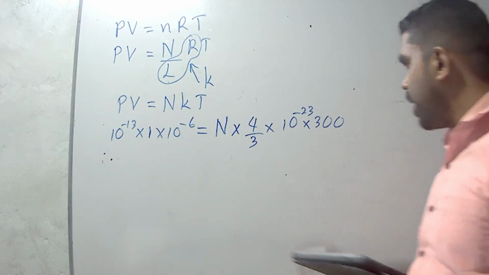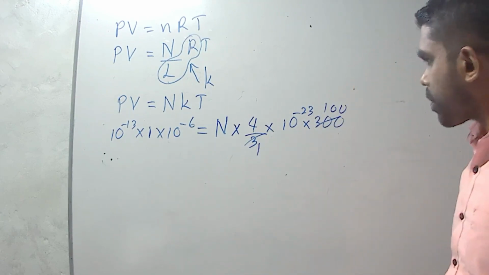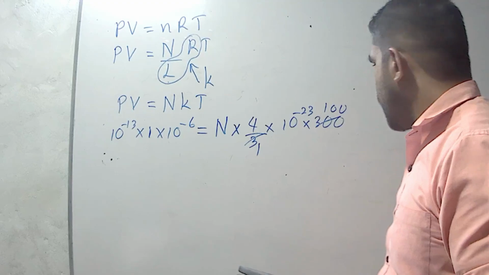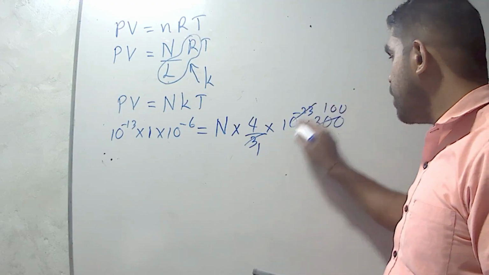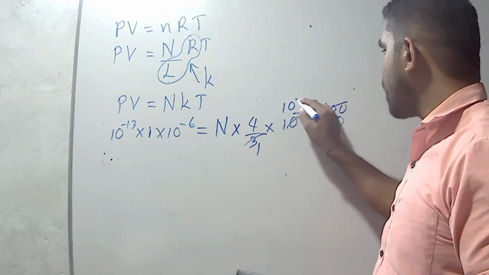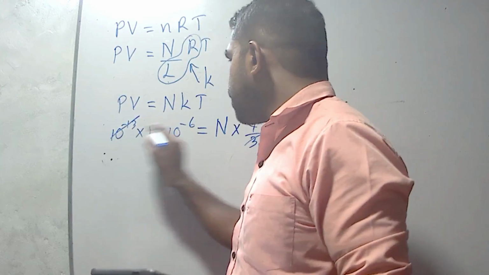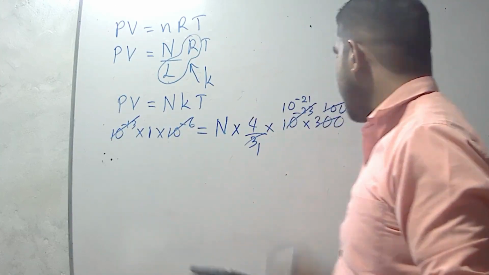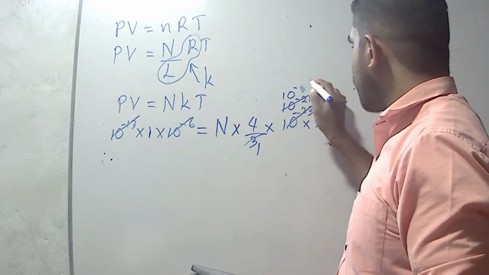Now we can simplify. 3 divided by 3, 100. 10 to the power minus 23 into 10, 100. 10 to the power minus 21. Then 10 to the power 13 plus 6, 19. We can cancel out 10 to the power minus 2 on this side.